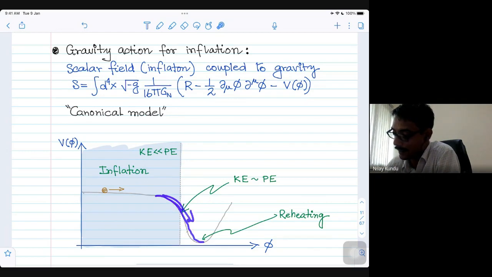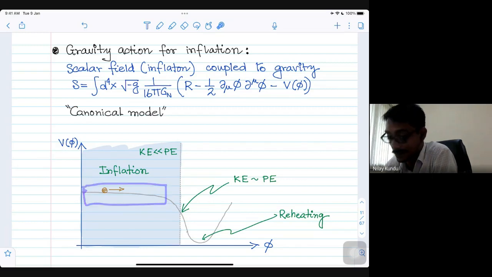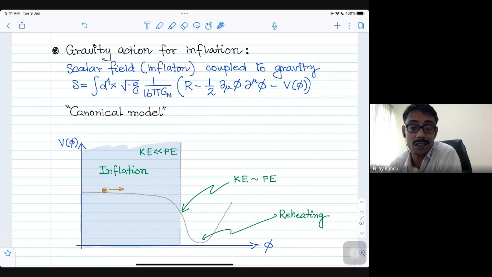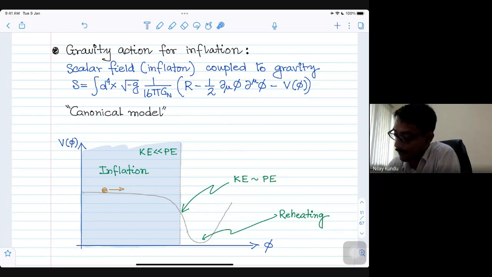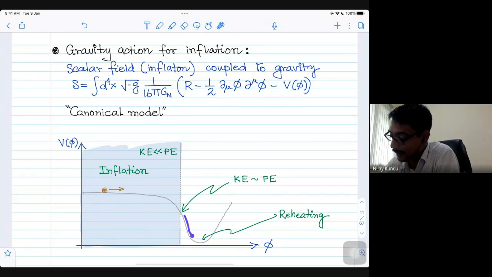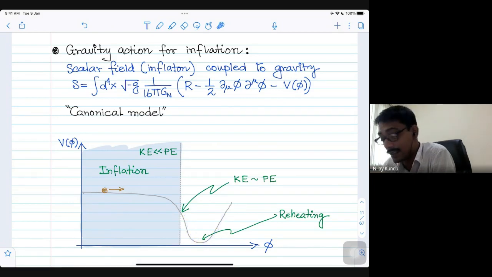At this point of the particle's motion, the potential energy is very large, dominating over the kinetic energy, and at some point kinetic energy dominates over the potential energy. At that point inflation ends, and then we enter into standard Big Bang cosmology.